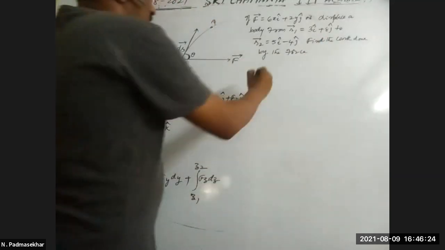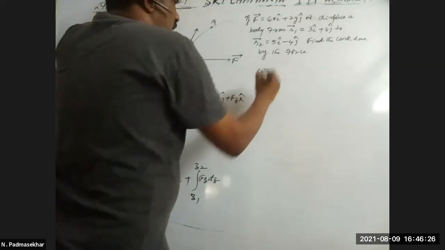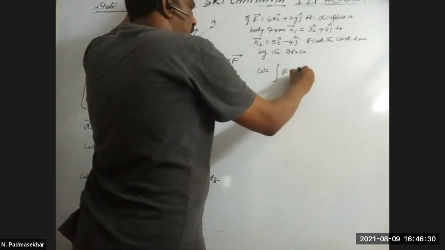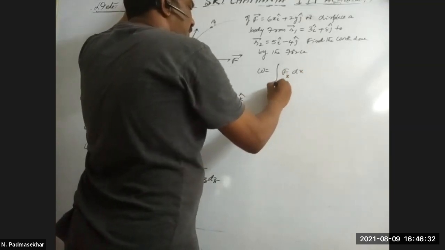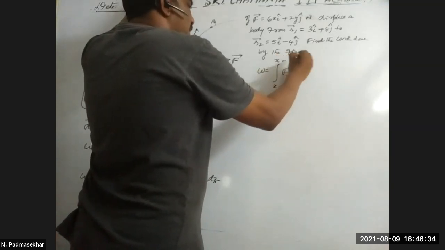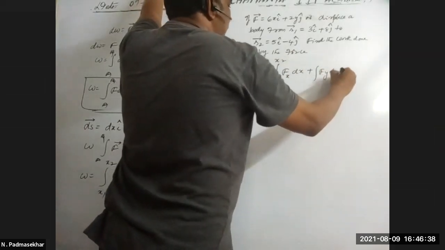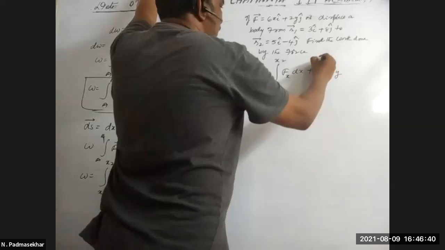So W is equal to the integral of fx dx from x1 to x2 plus the integral of fy dy from y1 to y2.